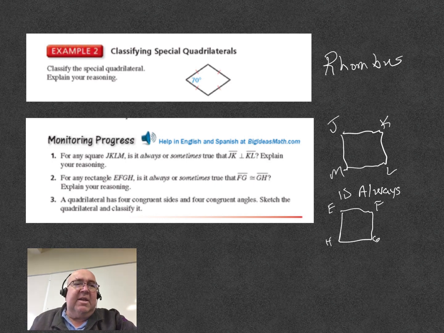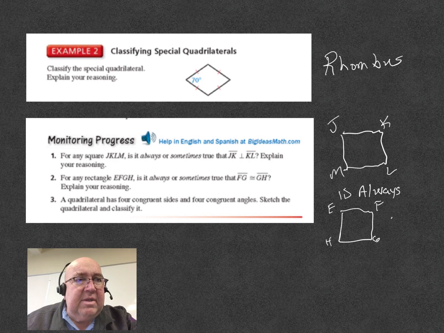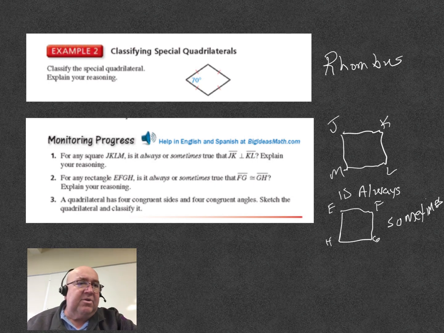In a normal rectangle, that would not be true, but in a square, in a rhombus, it would be true. So it is going to be sometimes true. And I'm not going to draw a sketch to show you that everything's congruent on a square.